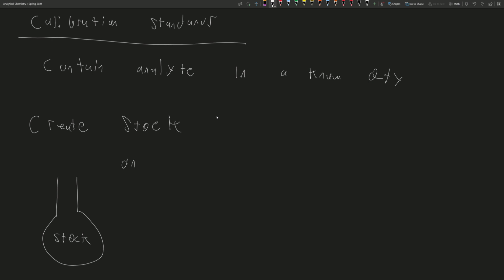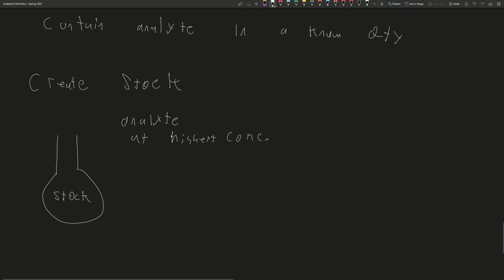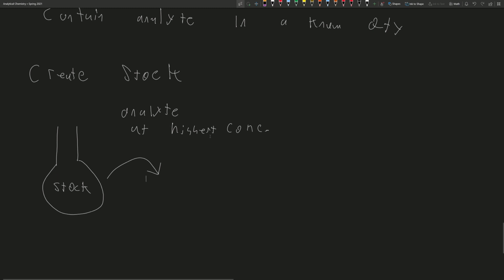So we're going to create a stock: analyte at highest concentration. After that, we are going to take our stock and dilute it into several lower concentrations of what we started with.